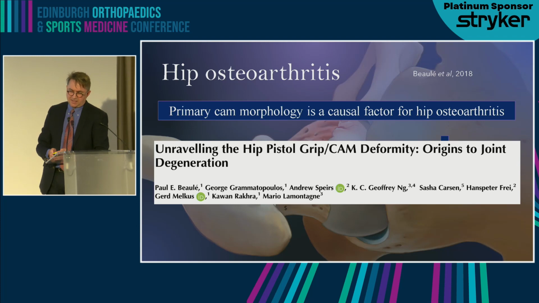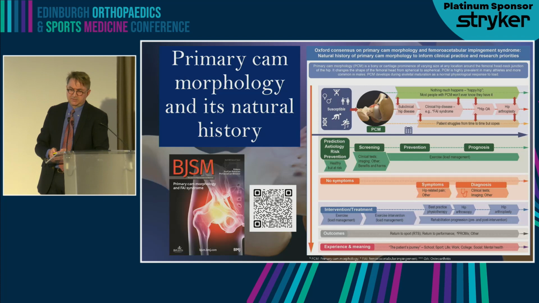The only thing that I don't like is the terminology in the title, but it covers the origins of hip joint degeneration. And satisfying all 9 Hill's criteria, we can conclude that primary cam morphology is a causal factor for hip osteoarthritis. So I've mentioned this is the publication.